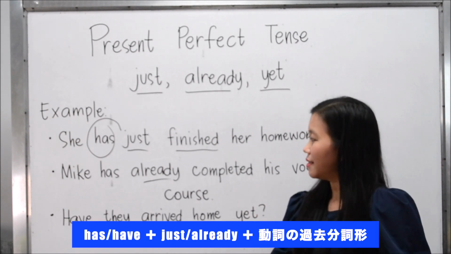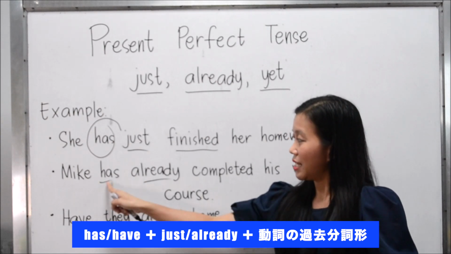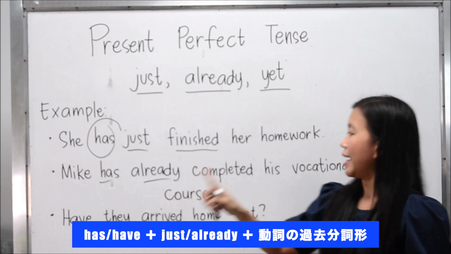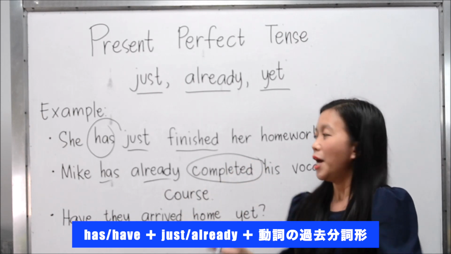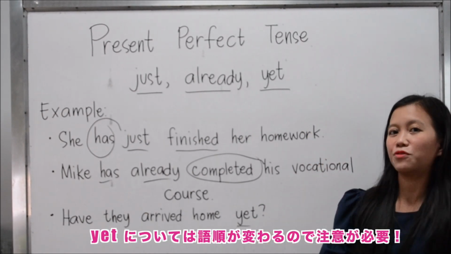It is the same with the word already. You can see there is an auxiliary verb, has, already is in between, and then there is the past participle form of the verb.